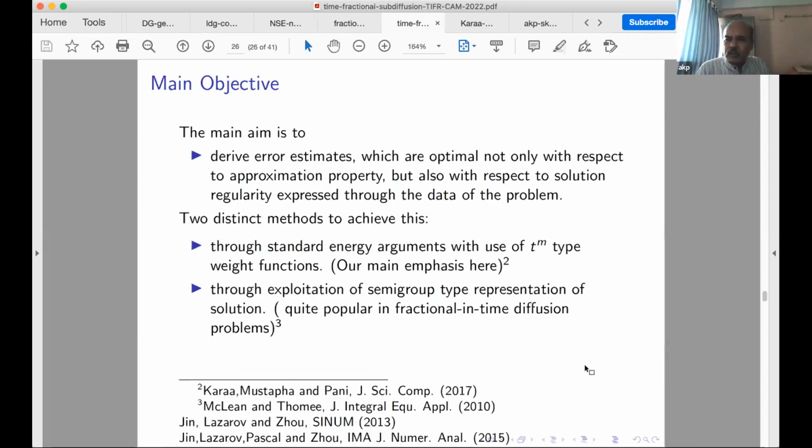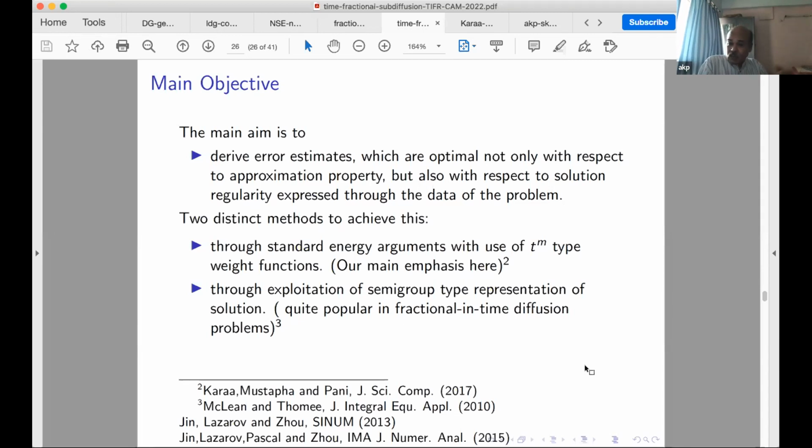Here two main objectives we are going to achieve. Derive error estimates which are optimal, not only with respect to the approximation property, but also with respect to the solution regularity expressed through the data of the problem.